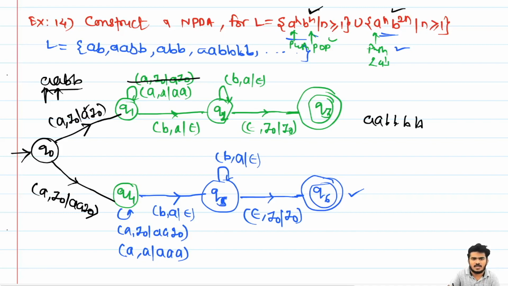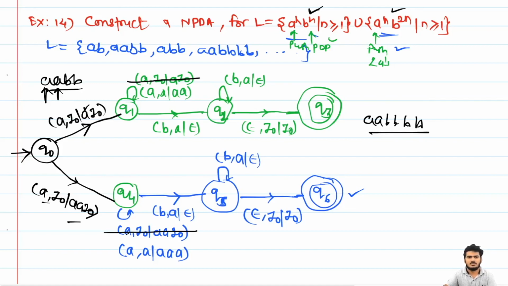So that's why for single A I am putting 2A into the stack. Similarly, this operation is already here, so I will cut this operation from here, and finally I will follow this path if I have to accept such types of strings.